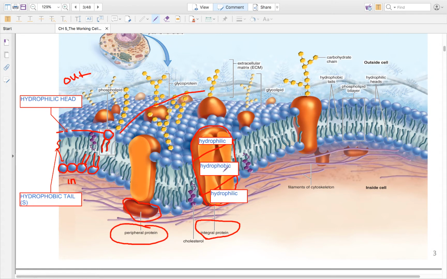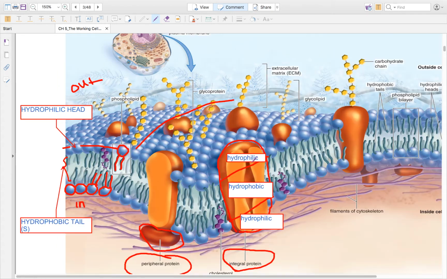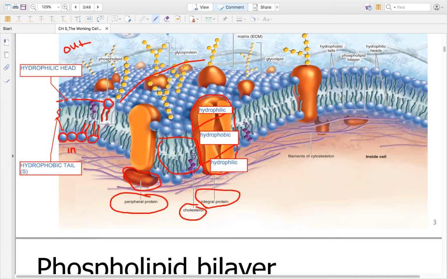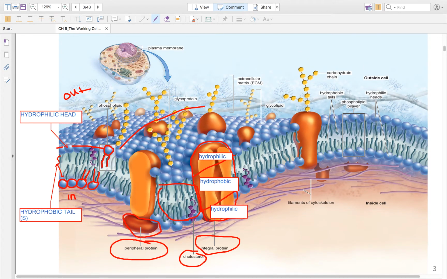And if you look very, very close, you see this little 1, 2, 3, 4 fused ring component. That is cholesterol. And it sits perfectly fine in the hydrophobic region because it is indeed a lipid. And lipids are all hydrophobic. Remember that from the previous chapter. All right, now check this out.